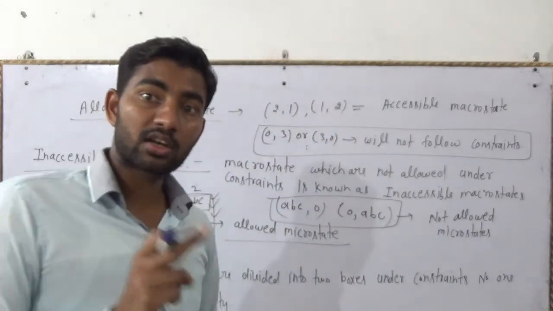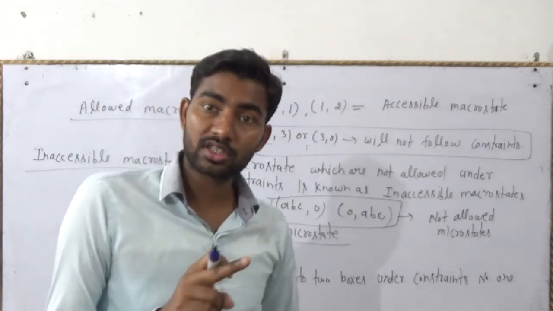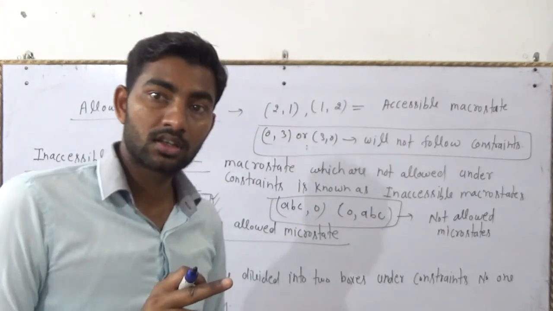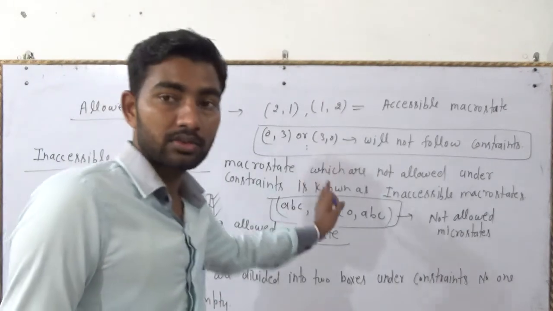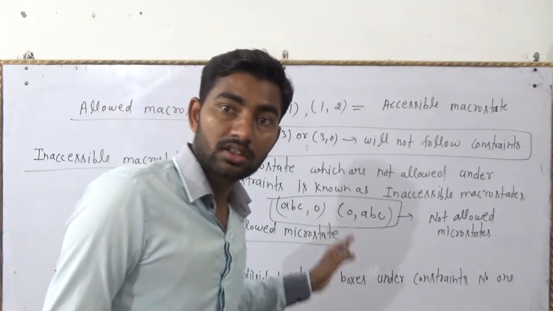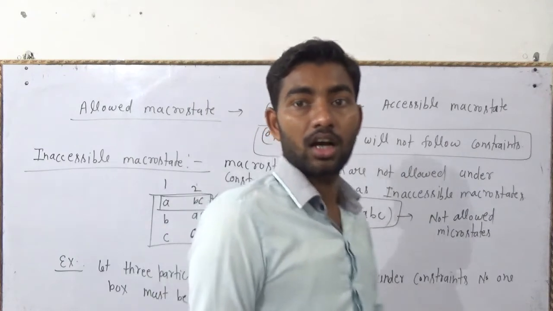So accessible microstate and inaccessible microstate have been clear to all of you with these examples, I hope.